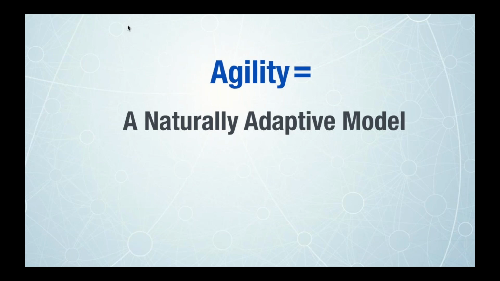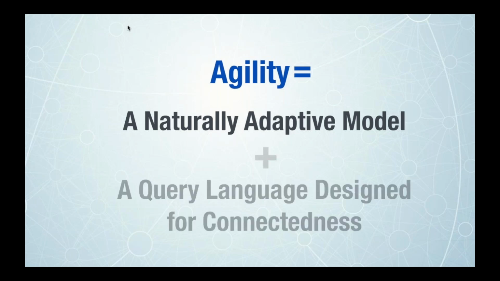But the key thing here is that you can adapt your data model on the fly as you need to without doing schema migrations. And then there's a query language that's designed for connectedness. This means that our query language is natively a language designed for querying connected data.